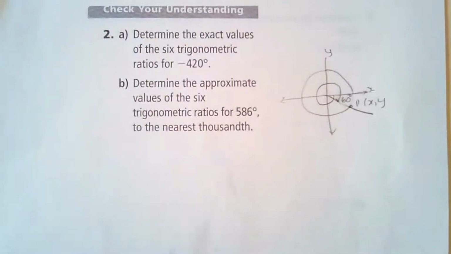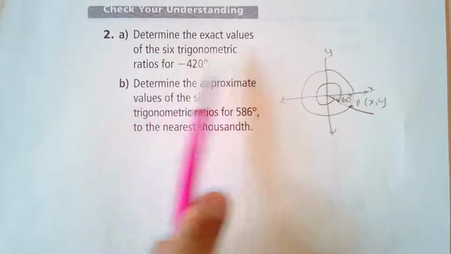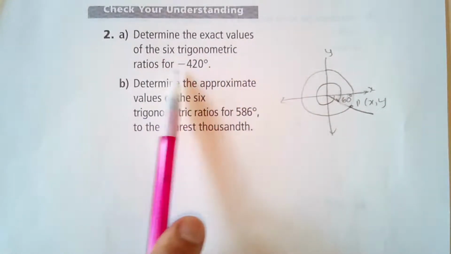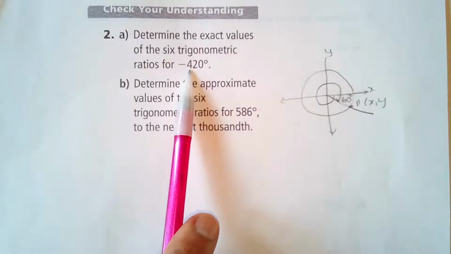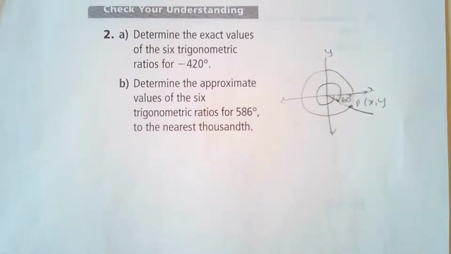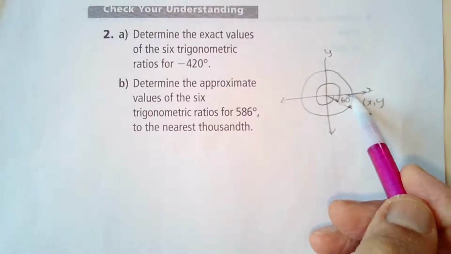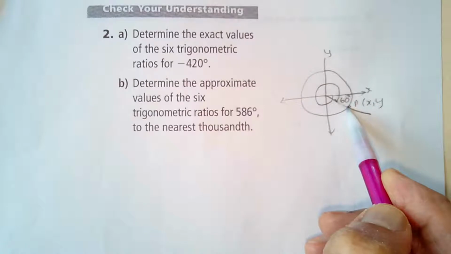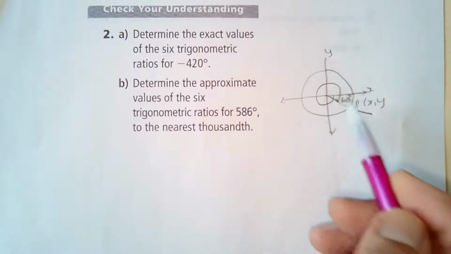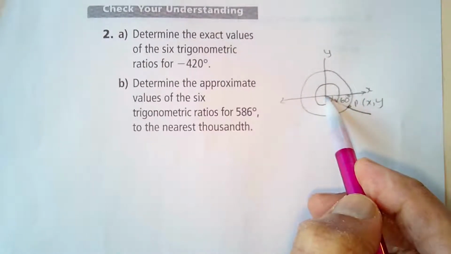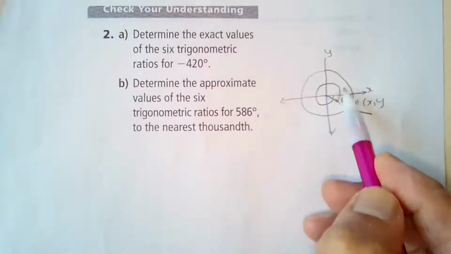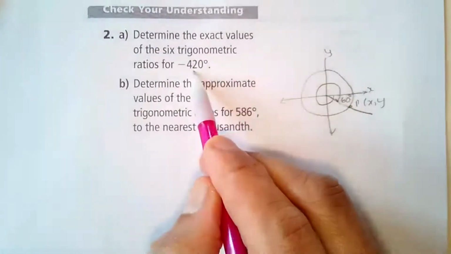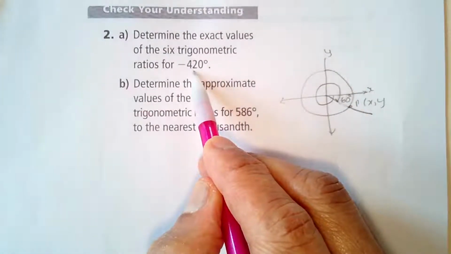Part 1, determine the exact values of the 6 trig ratios for negative 420 degrees. The first thing you want to do, you do a sketch. And here I have a circle. I'm going to sketch a circle here, with x and y axes and the center at 0, 0. Right? Now, here we have negative 420.